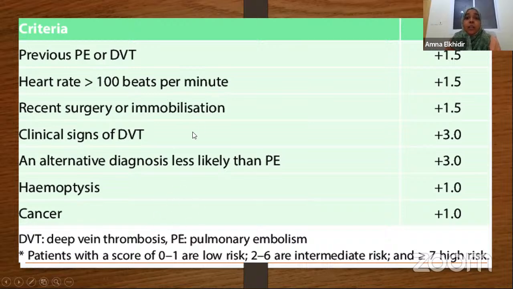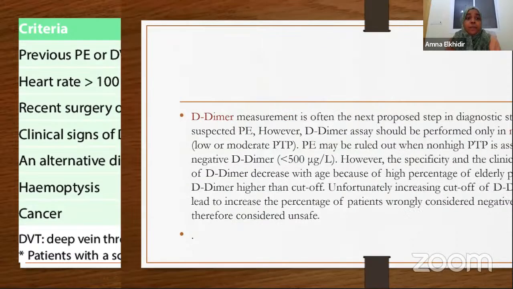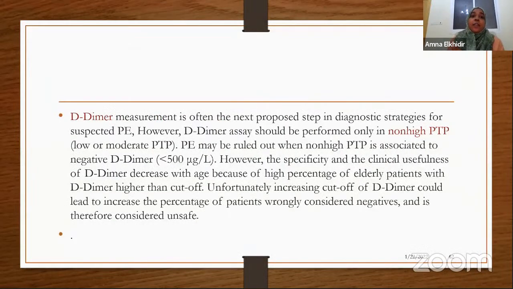Then we add the points together, and if the score is between 0 and 1, the probability of having PE is low. If it's between 2 and 6, it's intermediate. If it is more than or equal to 7, there is high risk of having PE. Then if there is low probability of having PE, we measure the D-dimer.